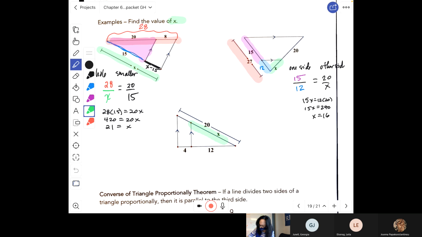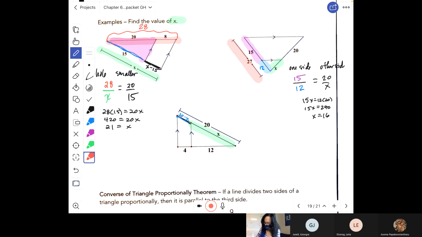All right, in the next example, let's see what we're looking for. We are looking for x. We know the whole side of that triangle, the hypotenuse of that triangle. It's looking like a right triangle, yeah. Is 20. That's x. For kicks, can you tell me what this piece is? Good. Okay.